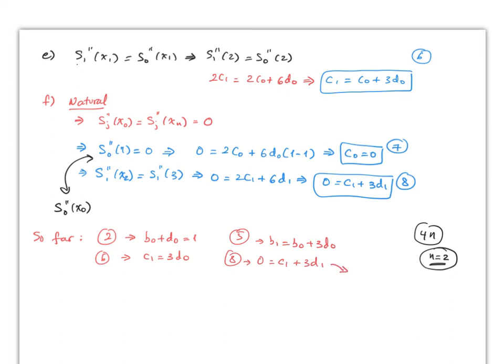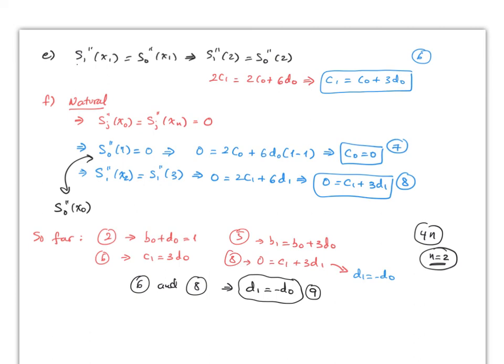Notice how you can simplify this: d1 equals minus d0. So if you combine equation 6 and equation A, it gives you d1 equals minus d0. Now you don't have to, but you could technically call this equation 9 if you want.